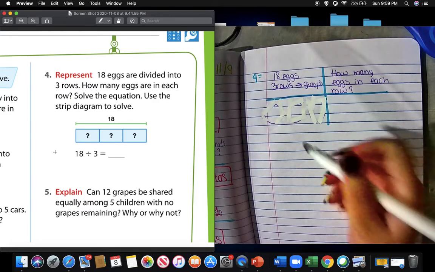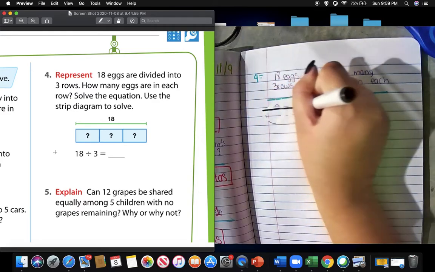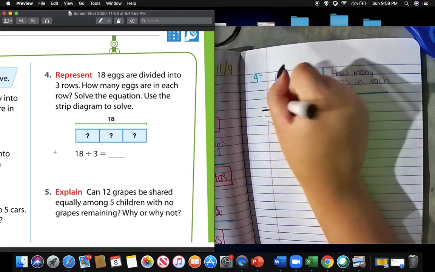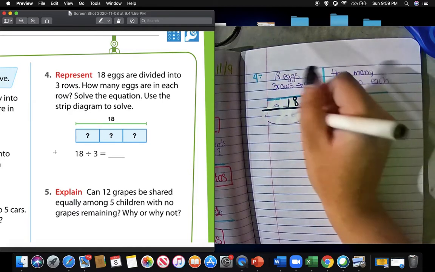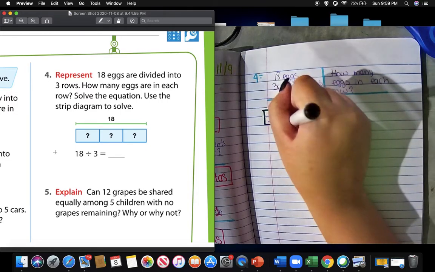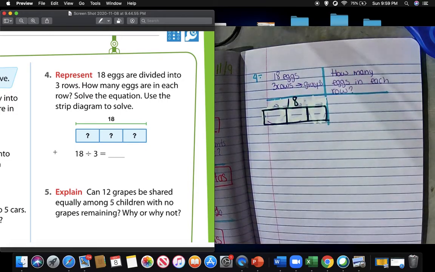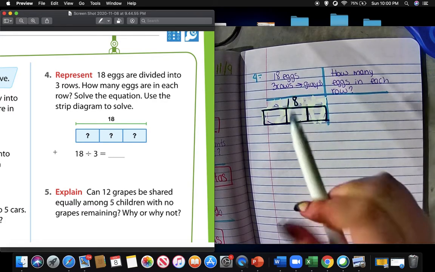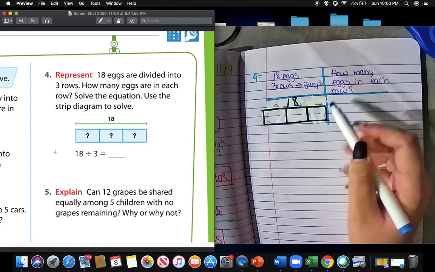Okay, so let's use the diagram. So 18 total, and then they have 3 groups. Just like this. So now we're going to put 1 dot on each group until we get to 18.